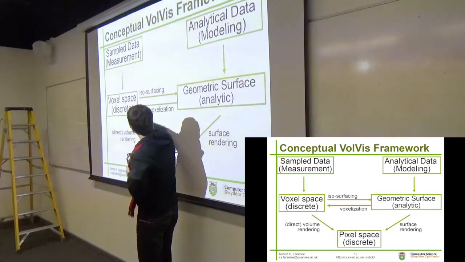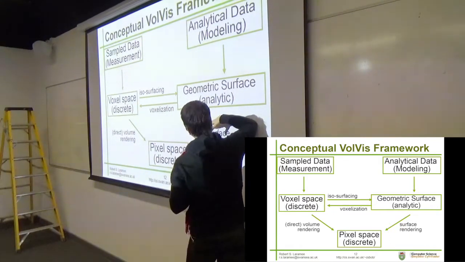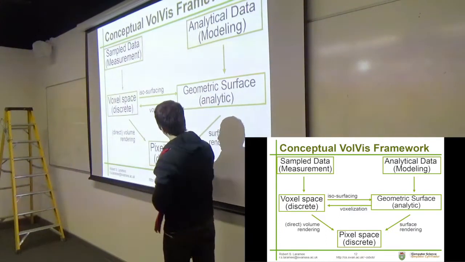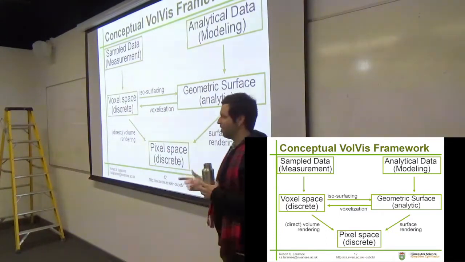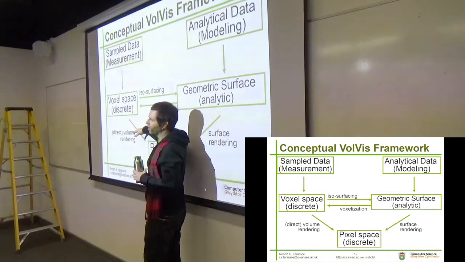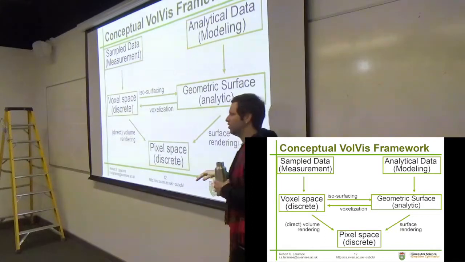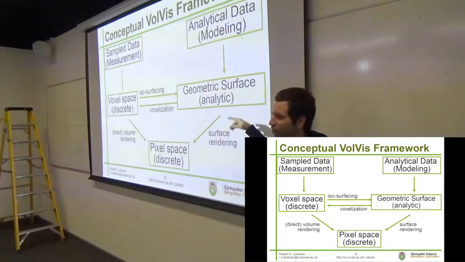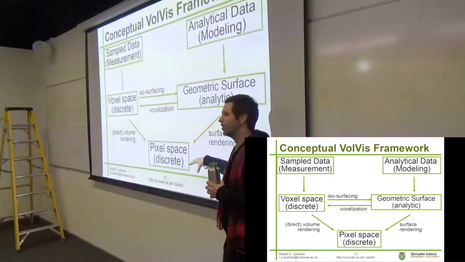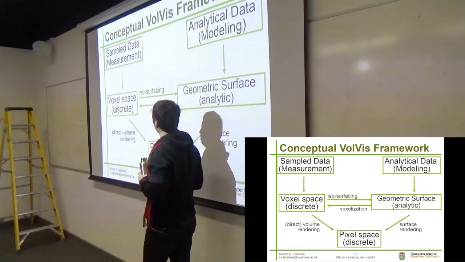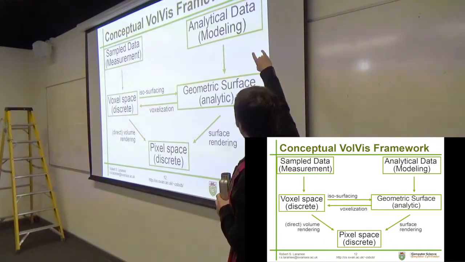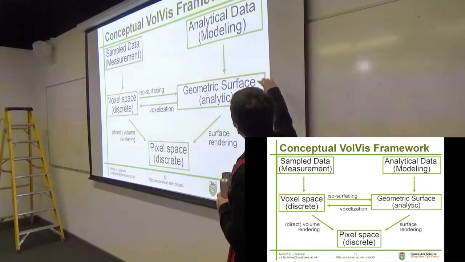So here is another line. Above this line is three dimensions, and below this line is two dimensions. That transition was also in the Viz pipeline, a 3D to 2D transition. But now we have two different options for the 3D to 2D rendering transition. Another possibility is to start with analytical data.